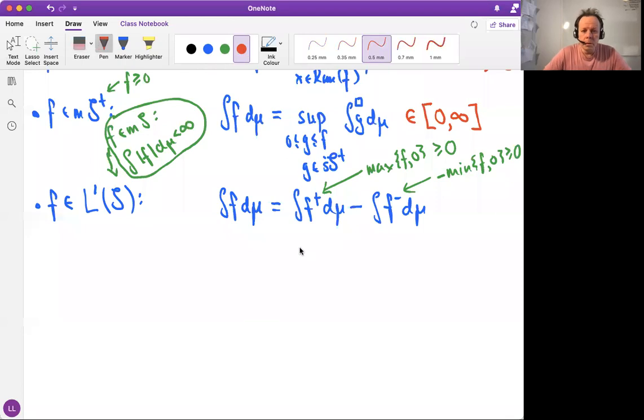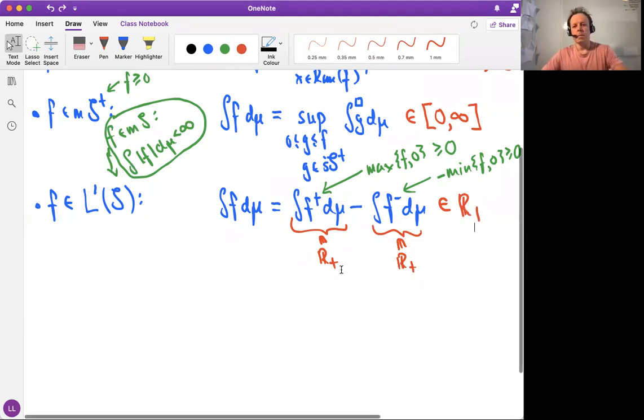So an important point to make. We have a finite number here. This is a finite real number, and this is a finite real number here as well. And I take the difference. So in this case, the L1 integral takes values as a proper real number.